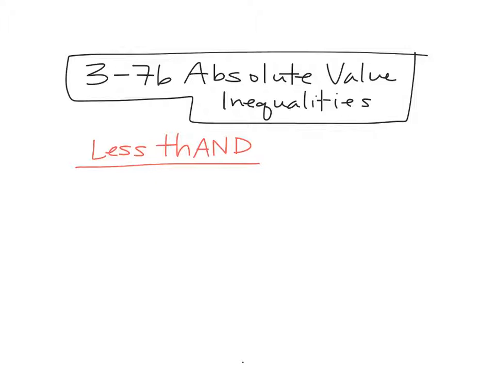Remember we talked about the and problems and the or problems? How do you graph an and problem? This way, right? They're coming together. So if it's less than, or less than or equal to, you are doing the and setup. Less than. If it's greater than or equal to, we say it's greater.